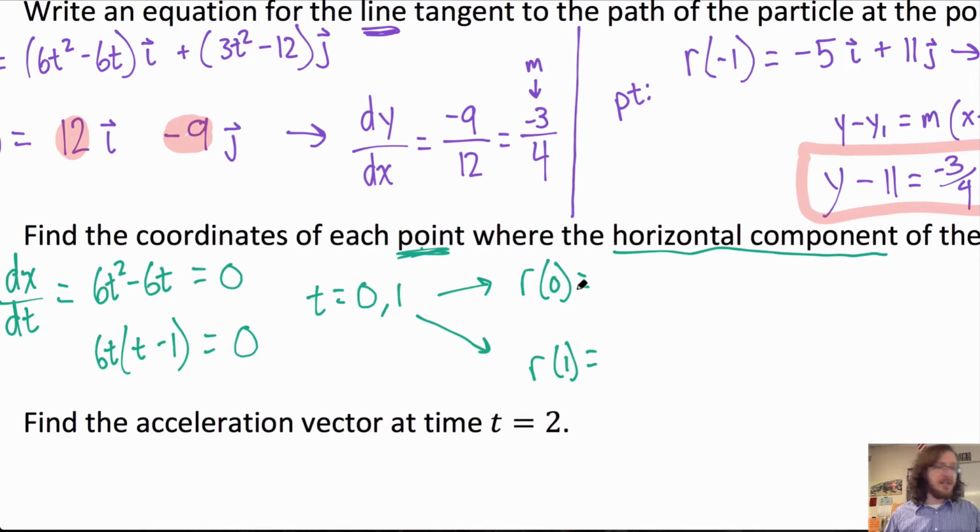All right, so plugging these back into our position vector, we get 0 minus 0, that's 0i, and 0 minus 0 for our b, 0j, so we get the point (0, 0).